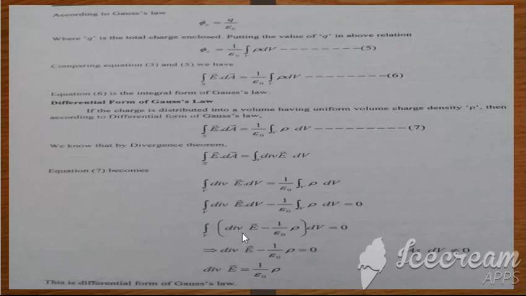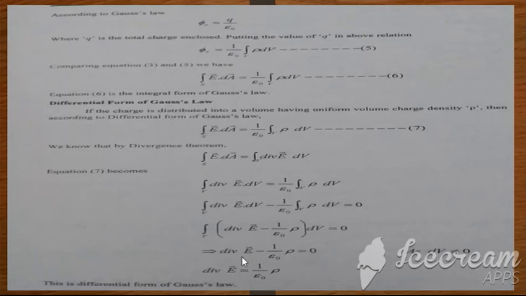So the volume integral of divergence E minus rho over epsilon naught dV is equal to 0, and since the volume is arbitrary, divergence E minus rho over epsilon naught is equal to 0. So divergence E is equal to 1 over epsilon naught times rho. This is the simplified expression of the differential form of Gauss's law.